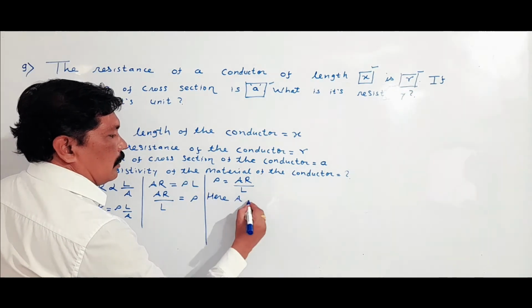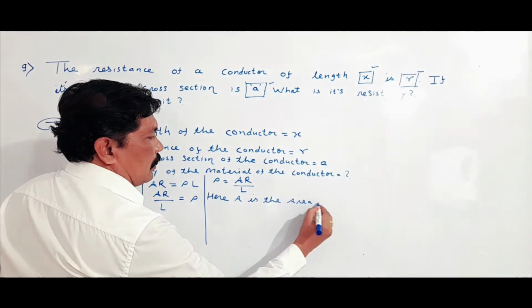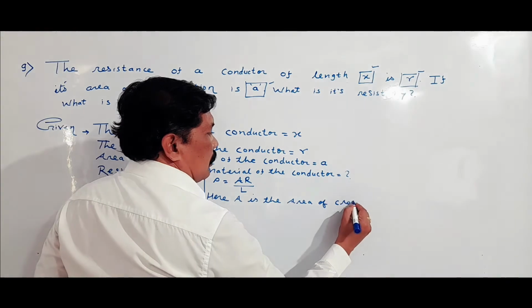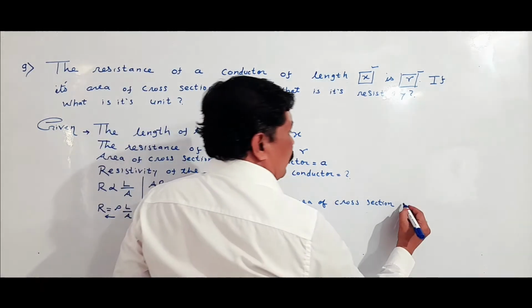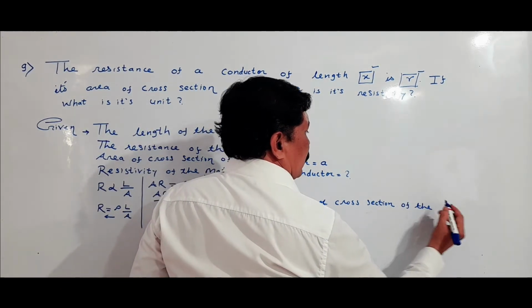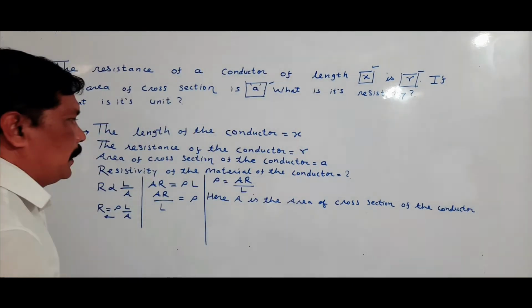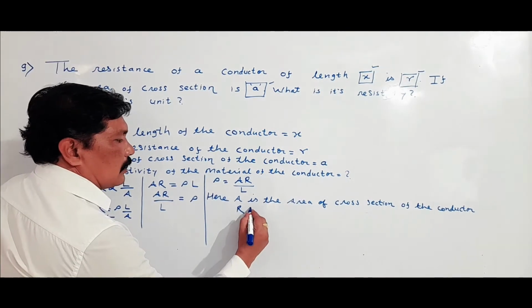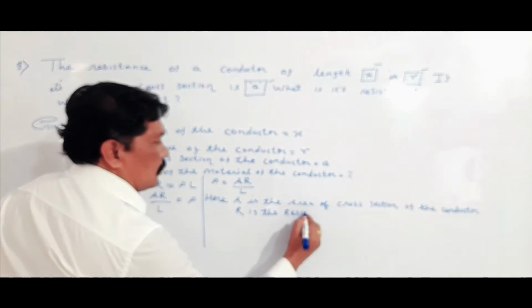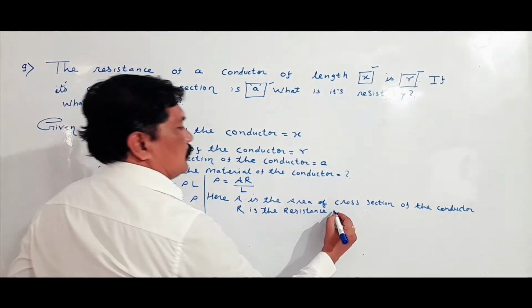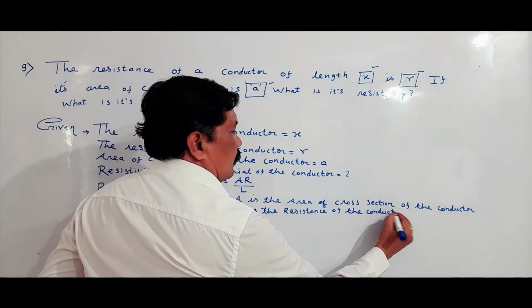Here A is the area of cross section of the conductor. R is the resistance of the conductor.